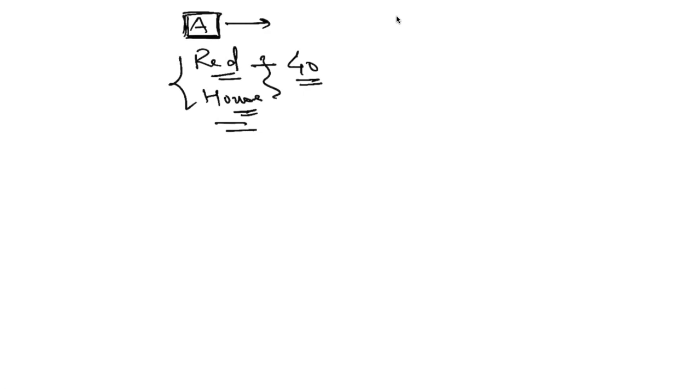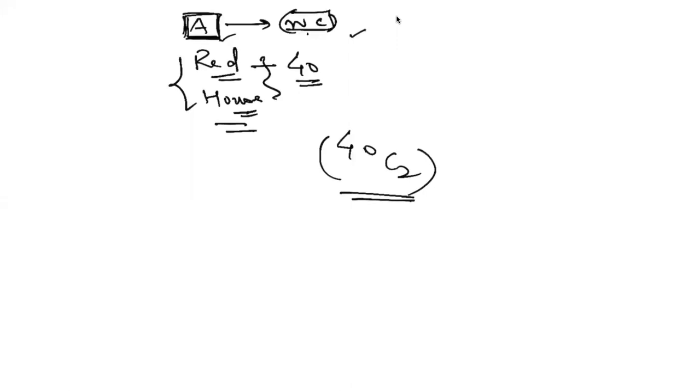And one vice captain also. In how many ways can we select captain and vice captain? So first we have to select two members. So 40C2 is the selection of two members, right?